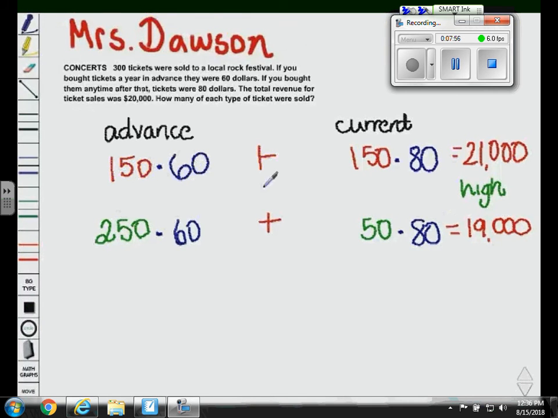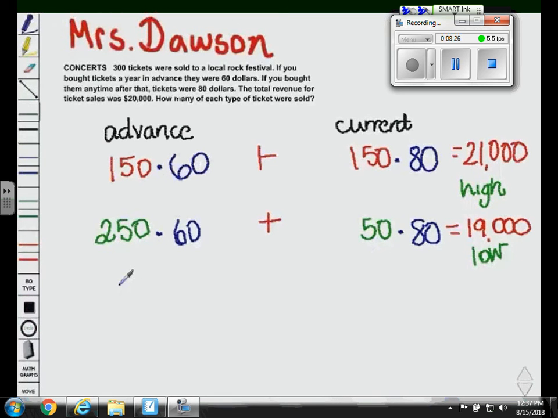The total revenue was 20,000, which means this guess was too low. Now, 21,000 was too high, with 150 of each, but 19,000 was too low, with 250 in advance and 50 current, then we need to bring this guess down and take this one up.